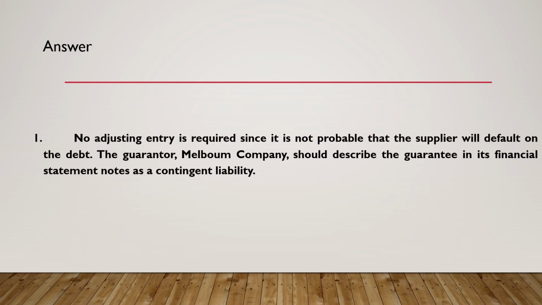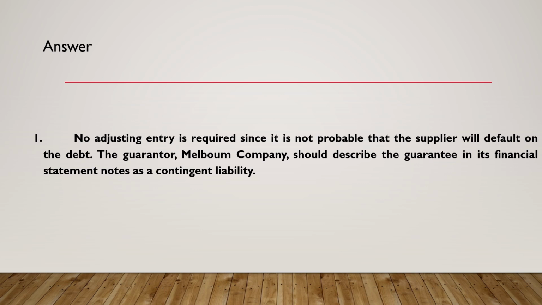Actually, no adjustment entry is required, since it's stated that it's not probable the supplier will fail to repay the debt. So the guarantor, which is Melbourne Company, should describe the guarantee only in the financial statements. Should add a footnote, should disclose this in the financial statements, and state that this is a contingent liability.